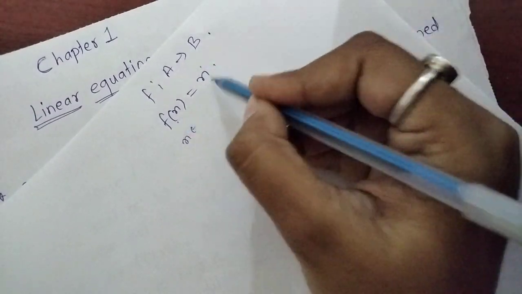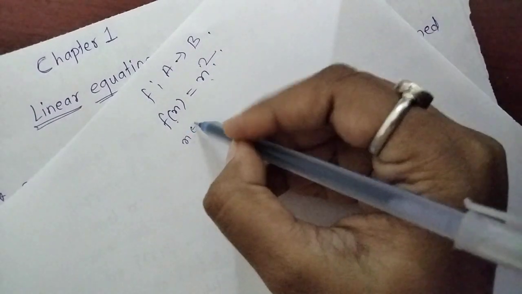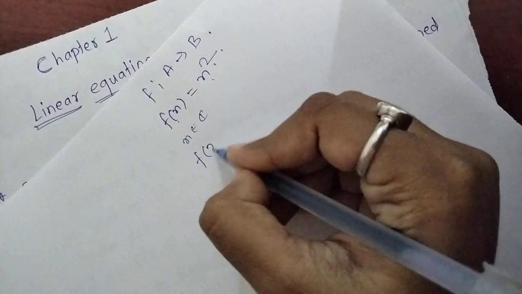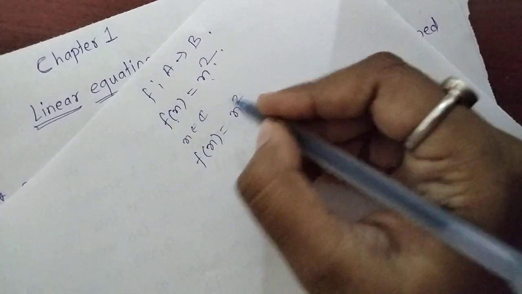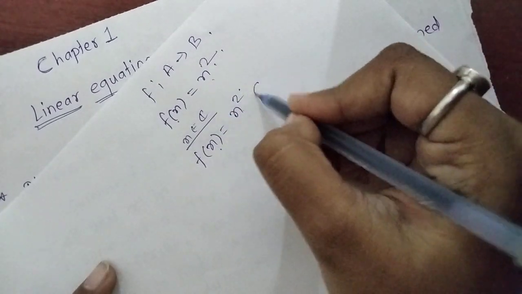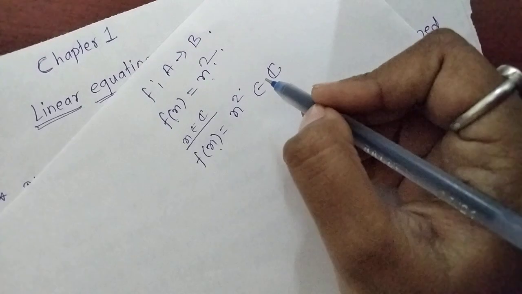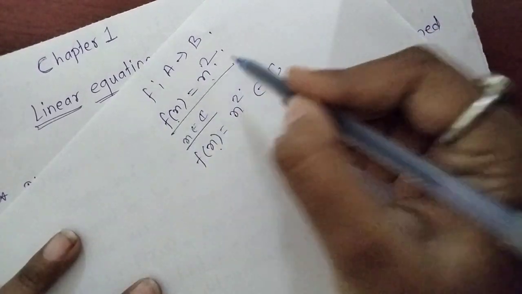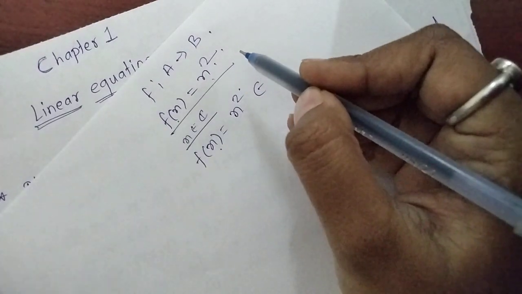Suppose f of x is equal to x square, x belongs to complex numbers. When we put this value in this function, then x square also belongs to C, then we can say that this function is a complex valued function.